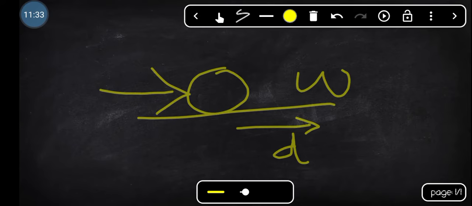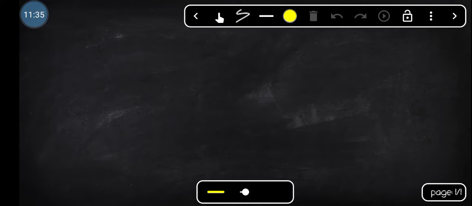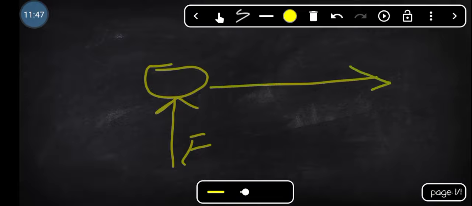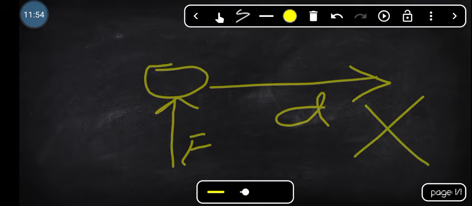This is work. Now, in a situation where you have a ball and you push up with a force, and you are having a perpendicular distance to the force, in this situation there's no work being done, because work is the product of force and distance moved in the direction of the force.